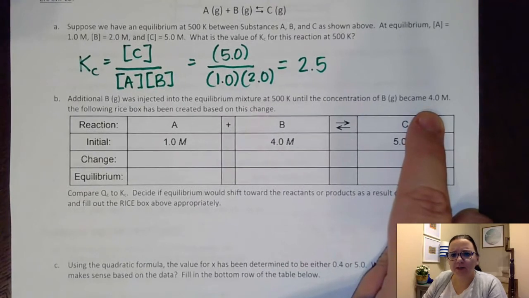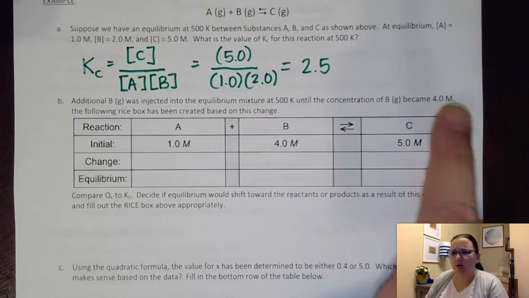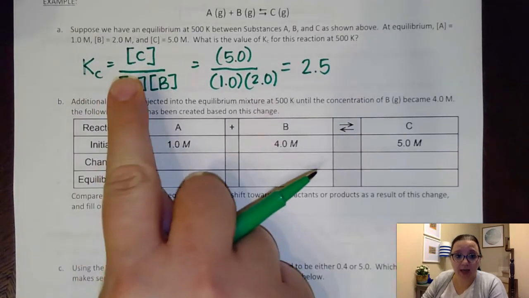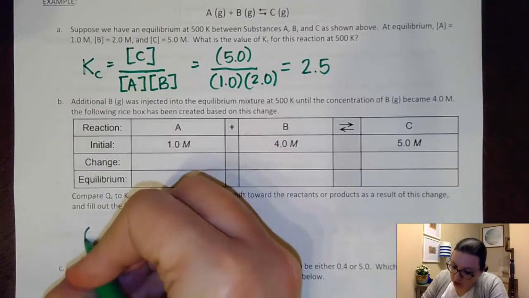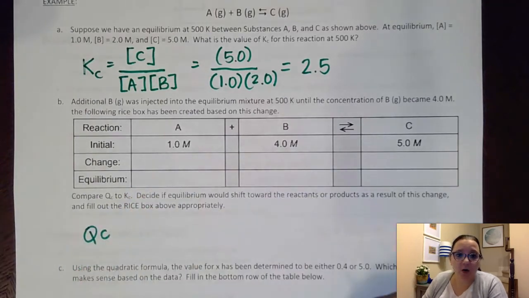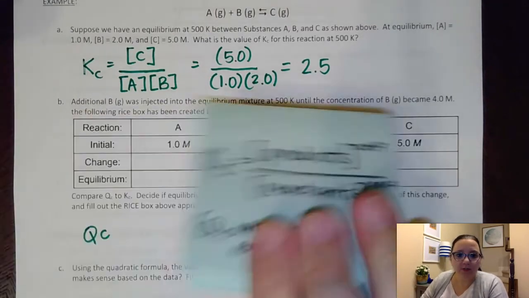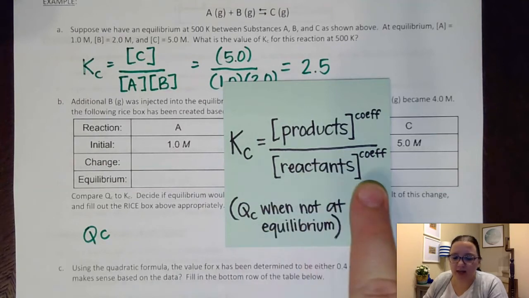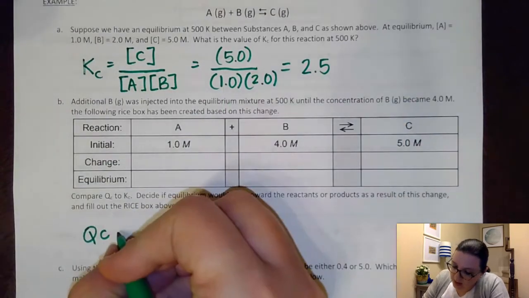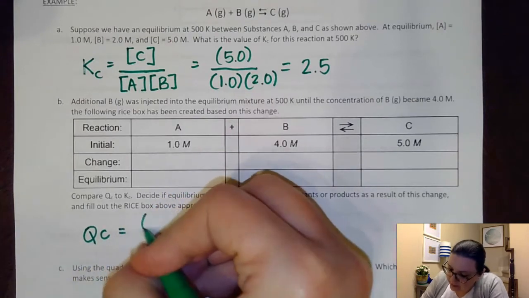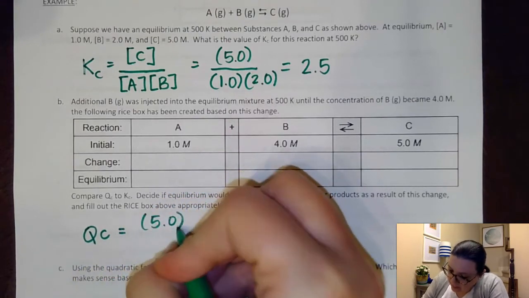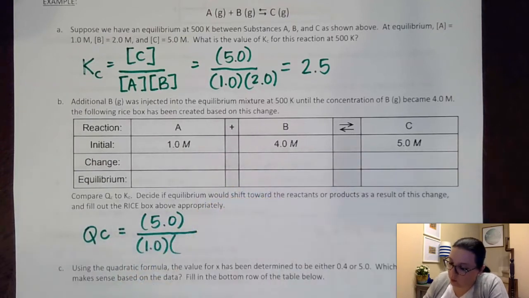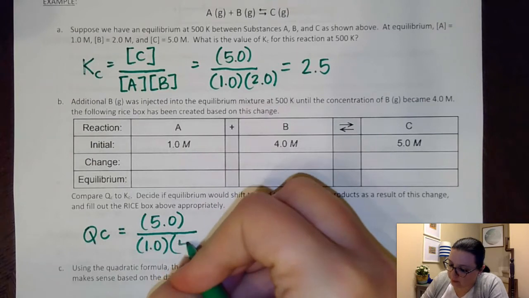And what I'm going to do first is see what that does to my ratio. Now, instead of calling it a Kc this time, I'm going to call it a Qc, because now I'm not at equilibrium anymore. But just as a reminder, Qc has the exact same equation as Kc does. So I'm going to plug in my numbers again, except this time, instead of B being 2.0, now my B is going to become 4.0.